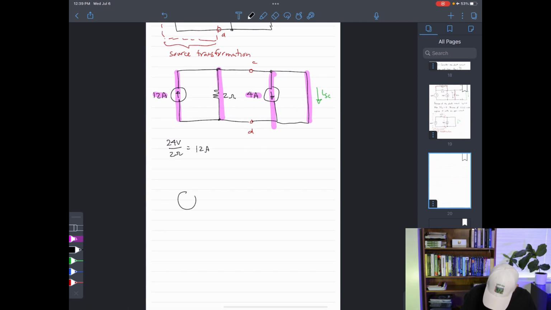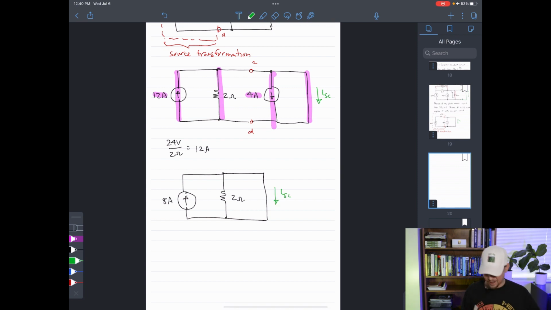Since they are in opposite directions, 12 amps is going up, 4 amps is going down, you can add those parallel sources together to give us a net 12 minus 4 amps. That's 8 amps going this way. I still have my 2 ohm resistor here, and I still have my short circuit current there.